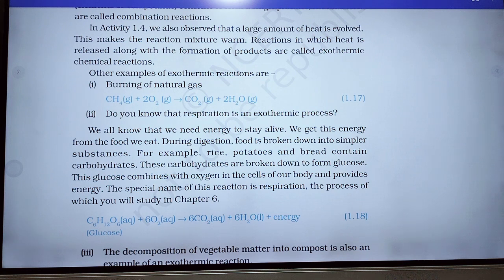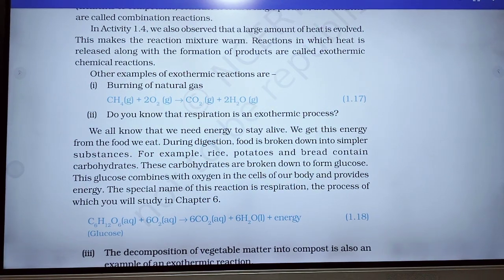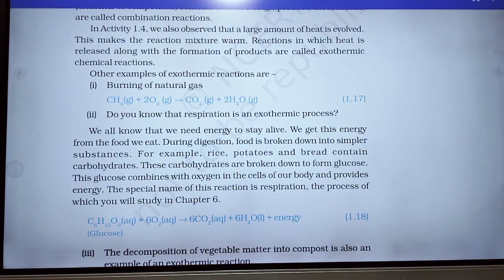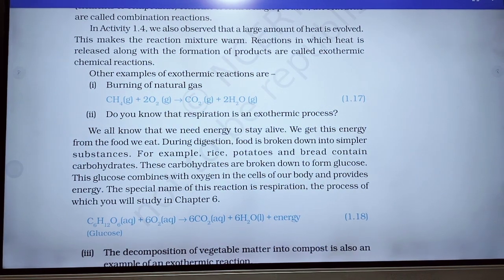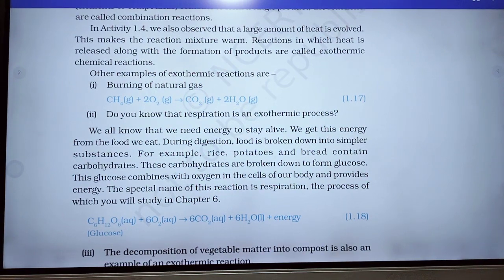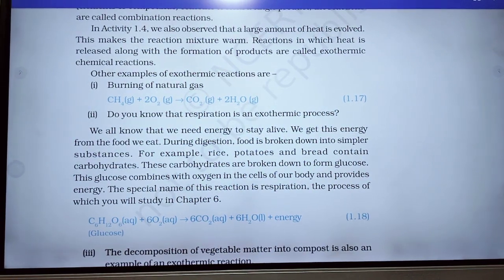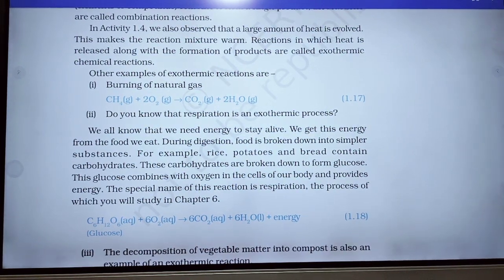We all know that in plants, food is stored in the form of starch, and in animals, food is stored in the form of glycogen. This carbohydrate is broken down to form glucose, and this glucose combines with oxygen in the cells of our body and provides energy.